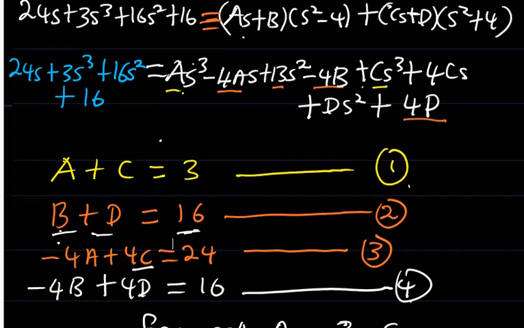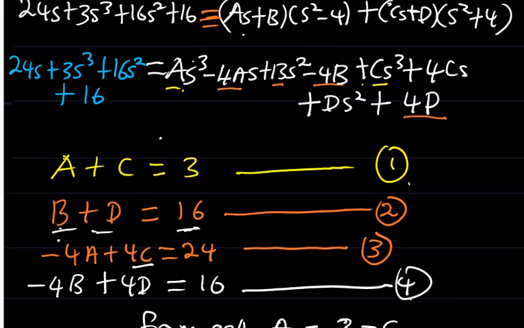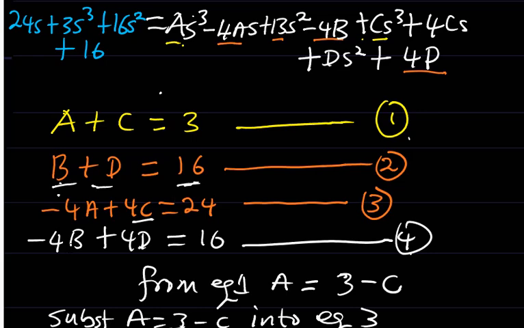I made a mistake. B appeared as a coefficient of S squared. So B plus D is the coefficient of S squared, and then B plus 4D as a constant term.